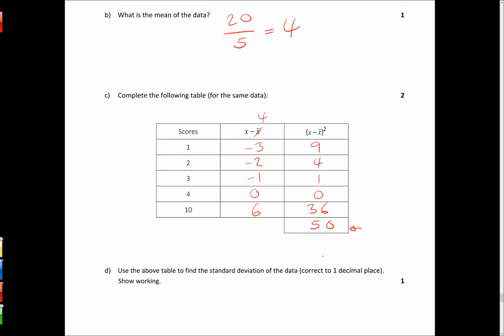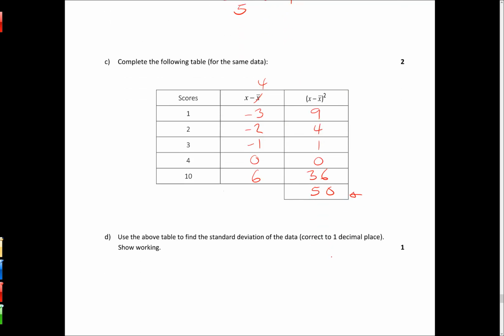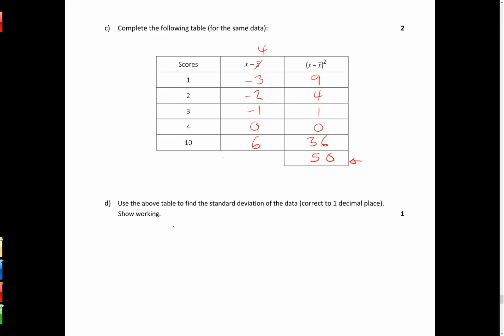And then it says use that table to find the standard deviation of the data. Well, you could have looked at it a few ways, but I know on our data sheet it tells me that the standard deviation is the square root of the sum of the x minus x bar squared column over n. The sum of the x minus x bar squared column is that.